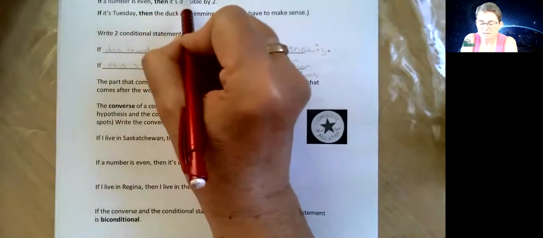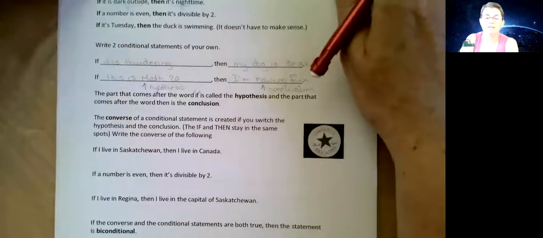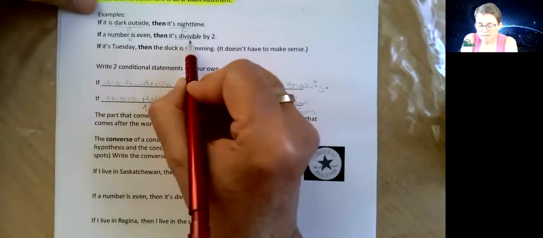You always have hypothesis at the beginning, conclusions at the end, so it should help you get them in order. Don't include the if and then in it. Right, you get it.